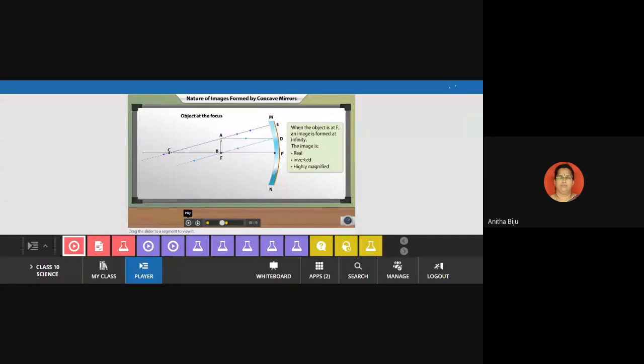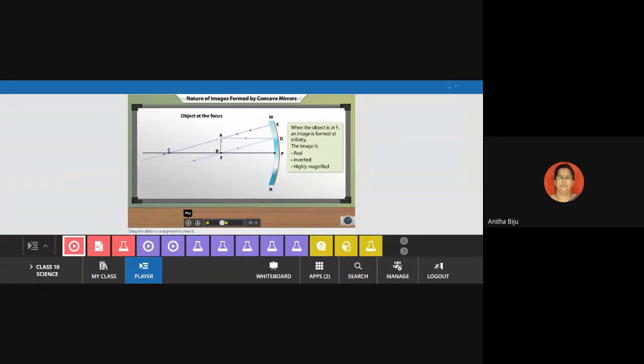Therefore, we can't draw the diagram properly; we can draw up to this and mention the position of the image as formed at infinity. Similarly, you may remember the first case where the object is placed at infinity; there we drew it in a schematic way. But here, if it is formed at infinity, we can't draw it.